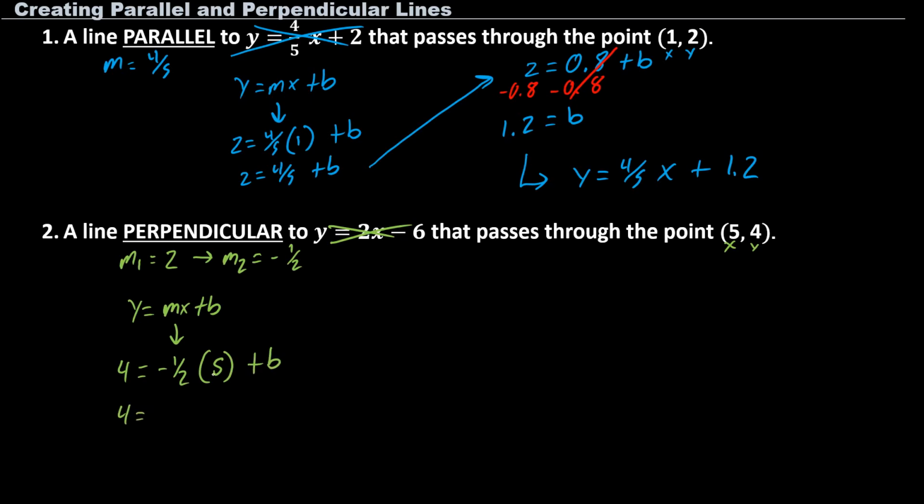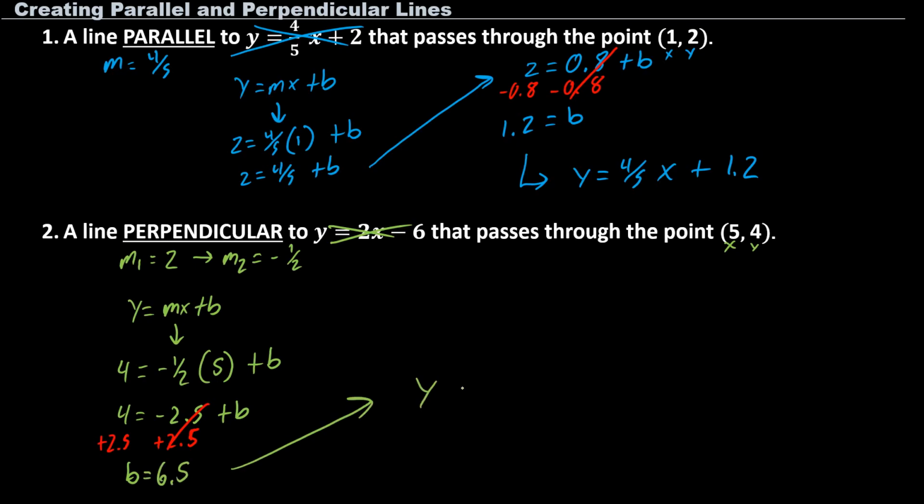That means 4 is equal to, and we'll just make it a decimal as we go to multiply this, negative 5 over 2, which is negative 2.5 plus b. Then we're going to add 2.5 to the other side, which tells us that b is equal to 6.5.